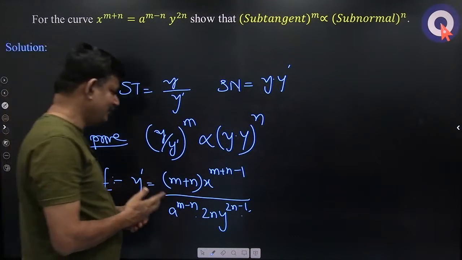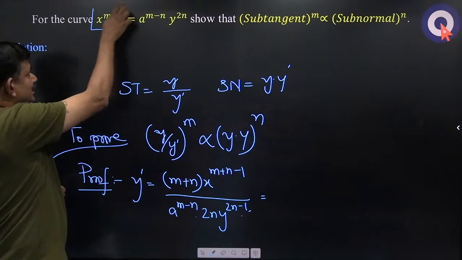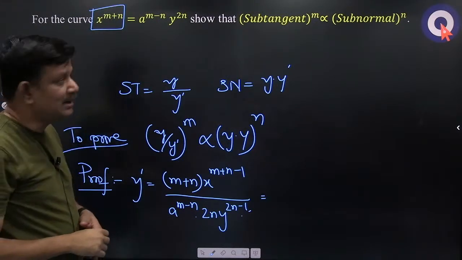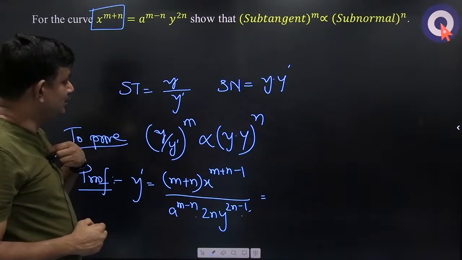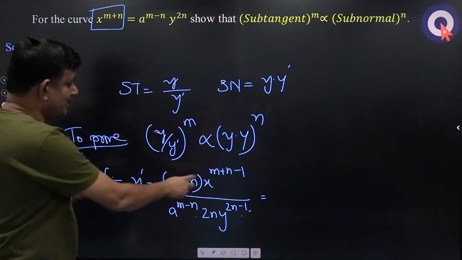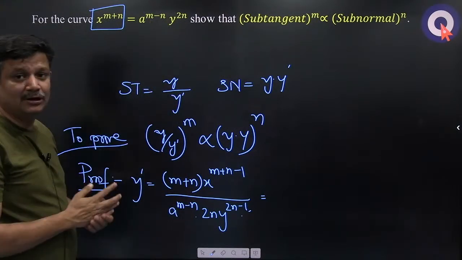Is there any simpler way with which I can simplify this? I know x power m plus n is nothing but a power m minus n into y power 2n, or x power m plus n by a power m minus n will be nothing but y power 2n.